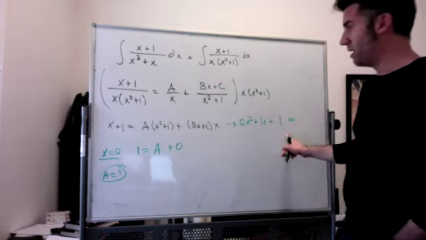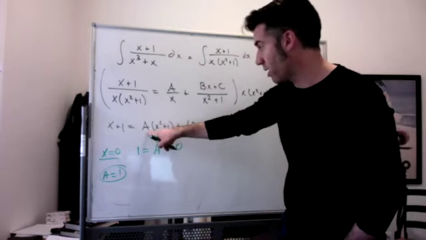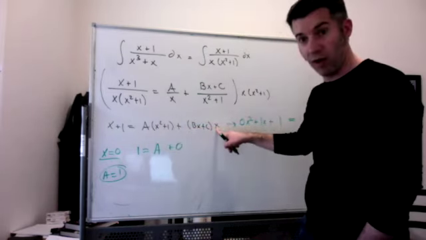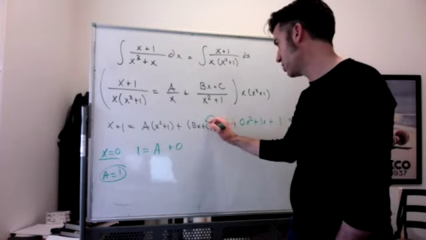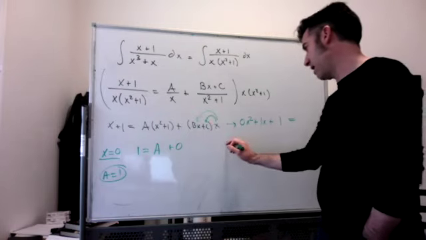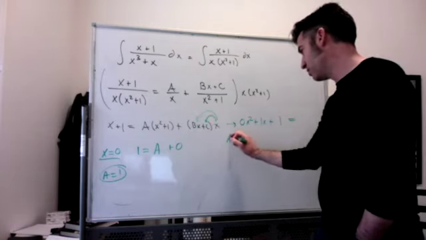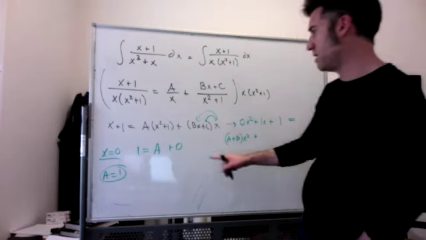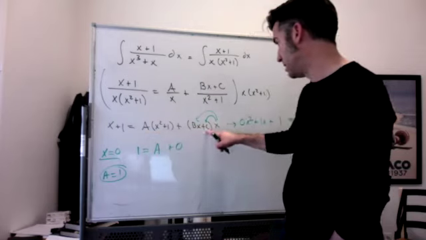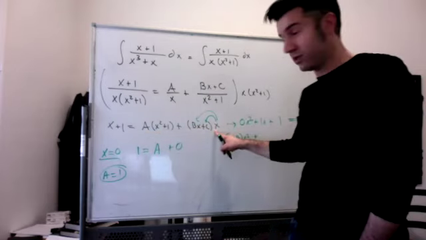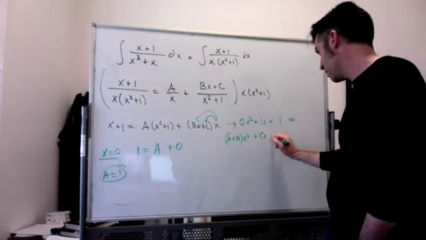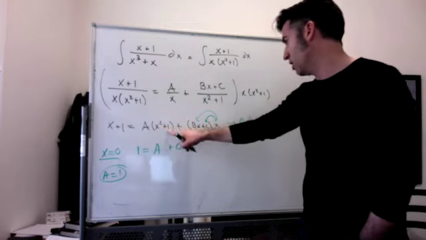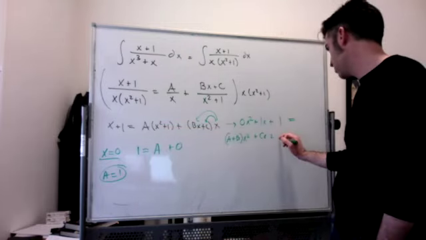On the right-hand side, I have an ax squared and a bx squared. This distributes here, so I have an a plus b times x squared. And then I have a c times x, that's my only x term. And I have an a times 1, and that's my only constant term.